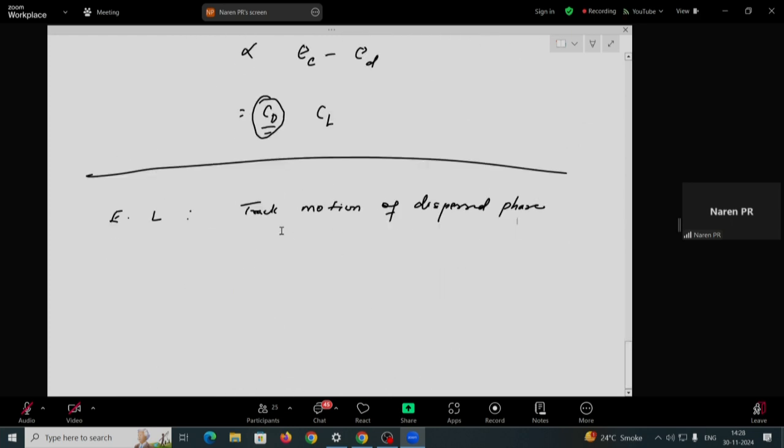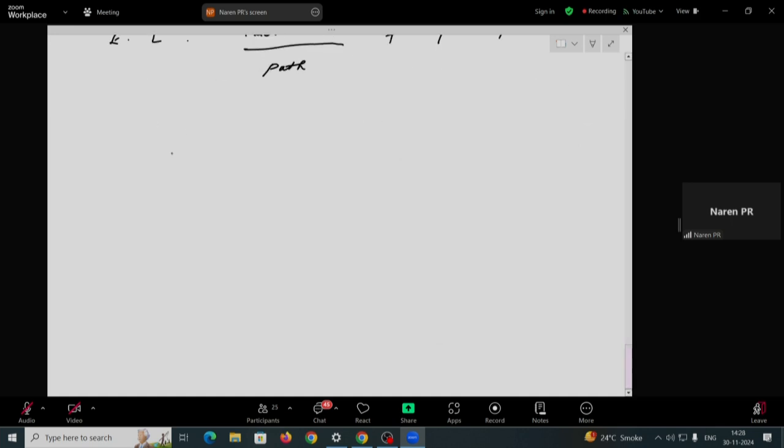In the Eulerian-Lagrangian model, here we track the motion. We are interested in the path that is traveled by the dispersed phase. So based on the expected objective in a multiphase flow, three different modeling approaches are being used. I think in the practical session, you are going to take a single droplet and do it. So you are going to do a droplet.